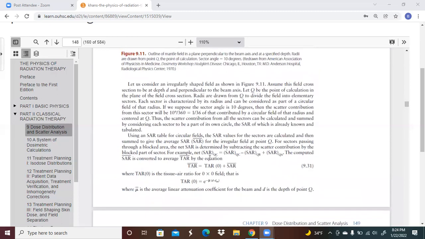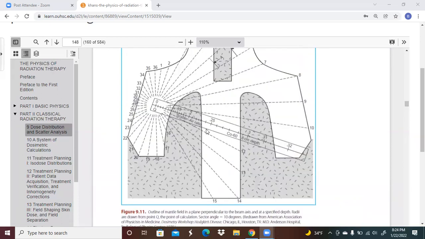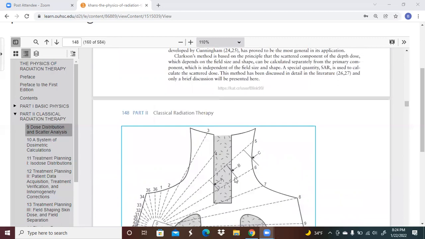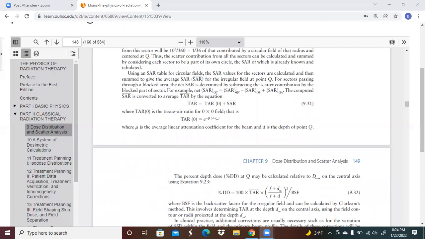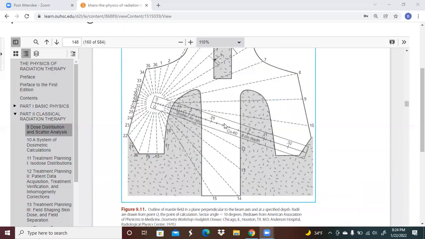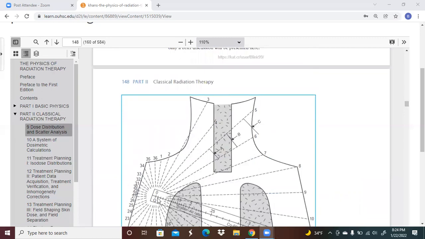In trying to figure out what the SAR is for that part of the sector, if you're looking from Q up to C, whatever that SAR happens to be, that SAR minus the blocked area, plus the unblocked area. So the SAR from here to here is going to be from here to here minus whatever it is from here to here, and then adding back in whatever it is from here to here.